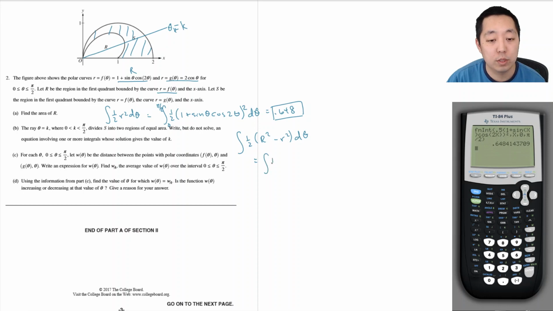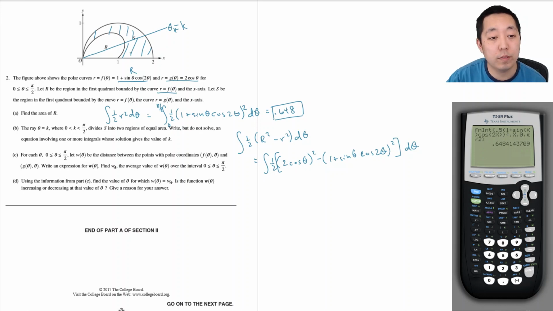The bigger R refers to the outer curve here, or g of theta. So g of theta is given by 2 cosine theta, squared, minus (1 plus sine theta cosine 2 theta) squared d theta. So this would be the area of the region.